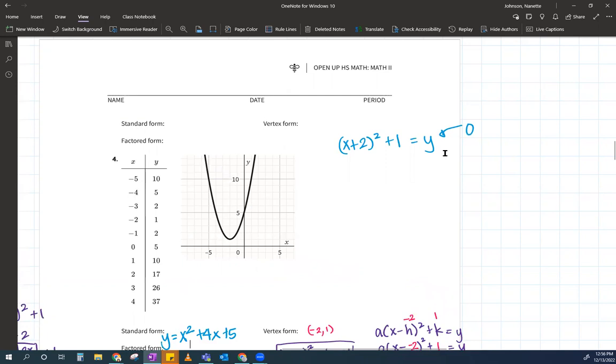So I'm going to write this as a 0. So what would you tell me to do first? How would I solve this problem? What's the first thing that I should do?